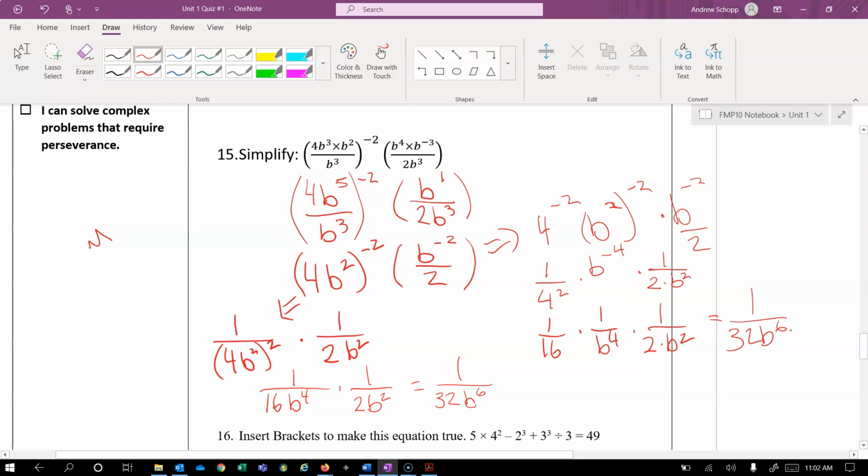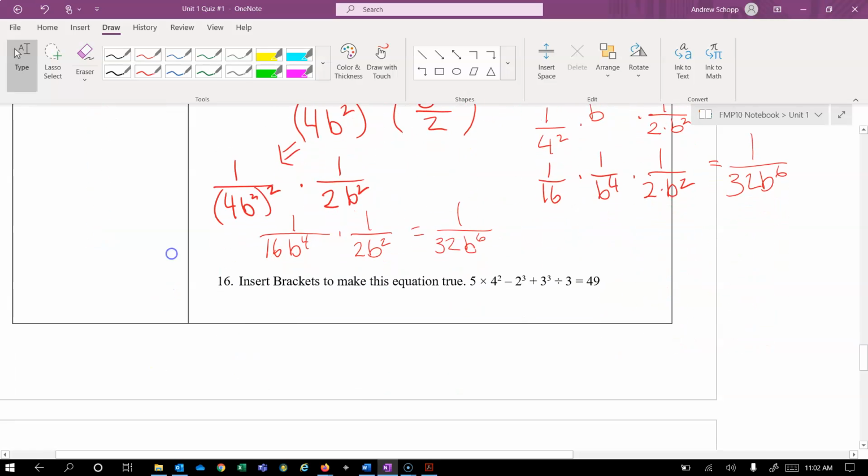Definitely a difficult question which required some perseverance and a pretty strong understanding of how to work with negative exponents and exponents that have a fraction involved or are part of a fraction.